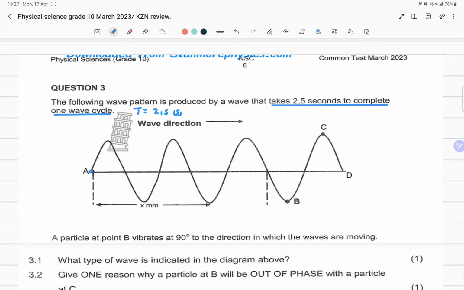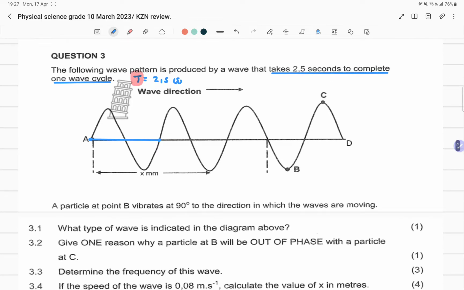The period is the time it takes from one particular point to the next successive one in phase with the previous. Please know the definition of a period: it is the time taken to complete one full wave. Just understand that. Great. Now let's move on.